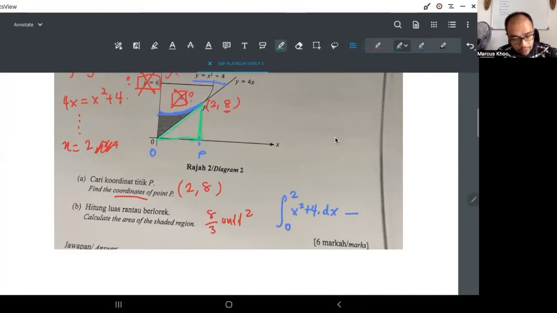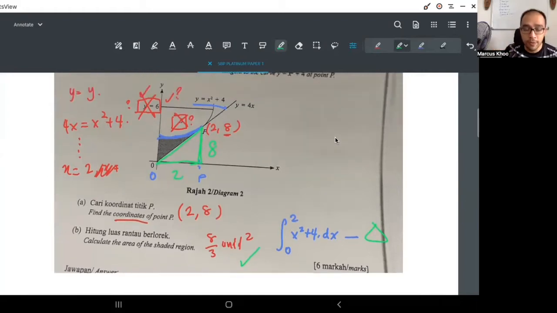You already have the base and the height, so no problem. Then you get 8/3 units squared. So the area under the curve minus the area of the triangle gives the answer. Again, what is the function of this? I look at it and it has no function at all. So I assume maybe it was a misprint or it was used in another question, which we're not going to go into today.